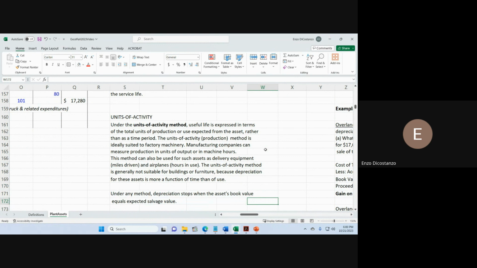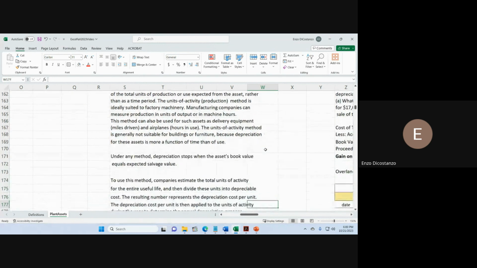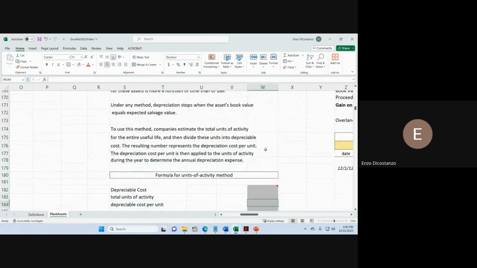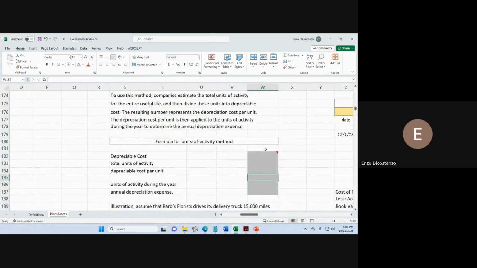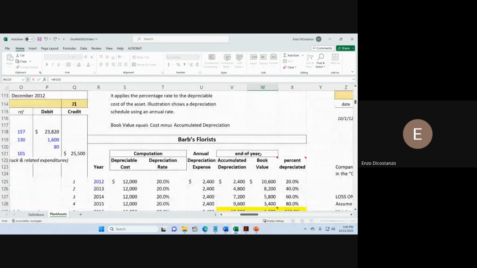So units of activity, instead of just an even sort of rampage of expenses like we just worked on, takes the depreciation based on how much you use the piece of equipment. Okay, so this is the same, yeah, this is that same 12,000 again. We'll find it.